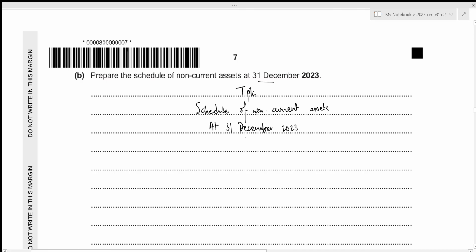And if we are preparing the schedule of non-current assets, we are preparing it for property, plant and equipment. And in this case, we only have 2 categories of our non-current assets. So that will be our plant and machinery for the first one. And the second one was motor vehicles. And we also need to prepare a totals column unless the question states that you do not need to prepare it.